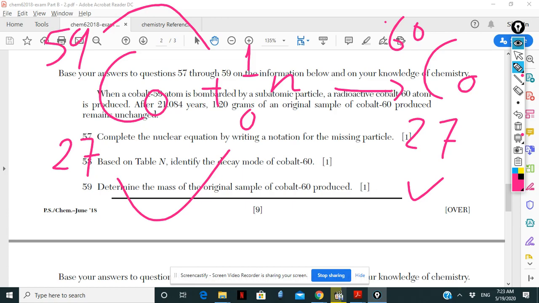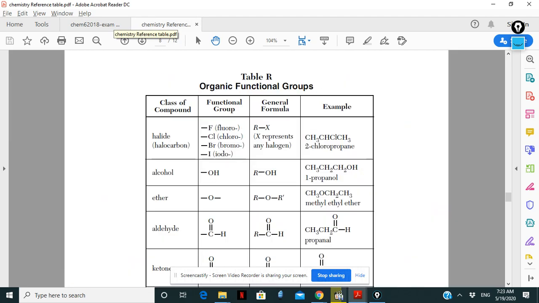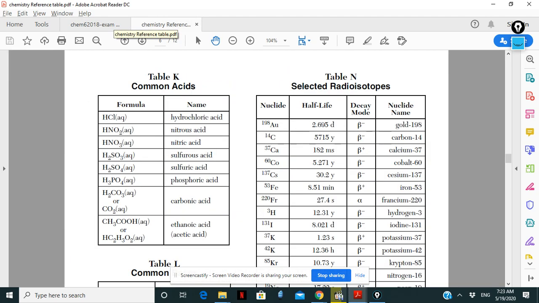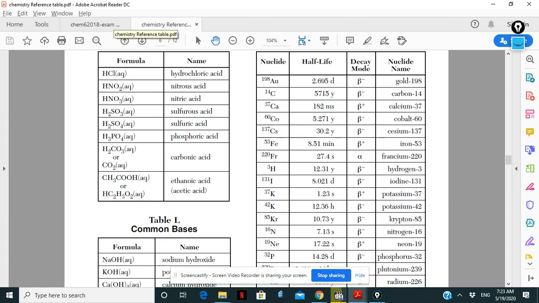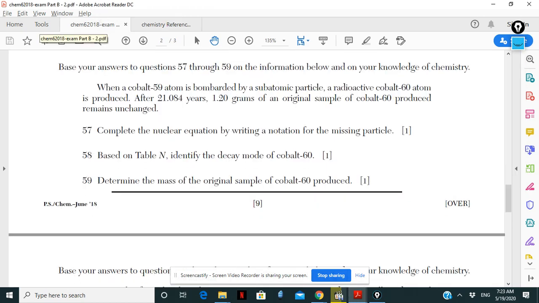Now, based on the table, identify the decay mode for cobalt-60. I go to the decay table, he said Table N. Cobalt-60 is here, so it's beta decay, or electron decay, doesn't matter.